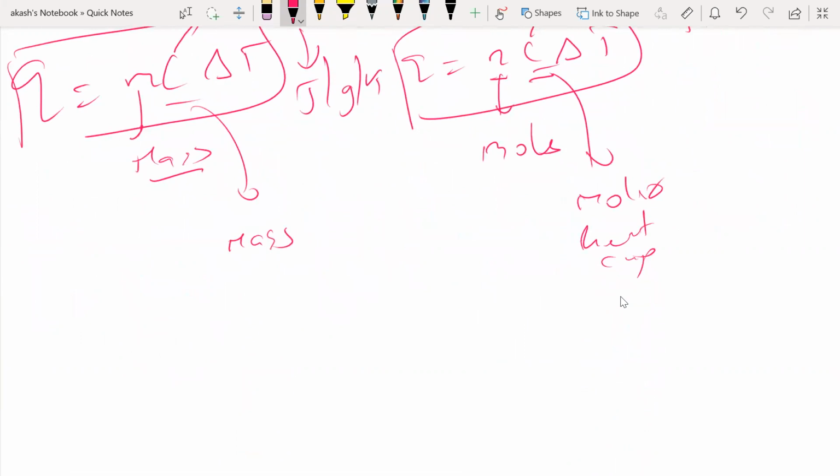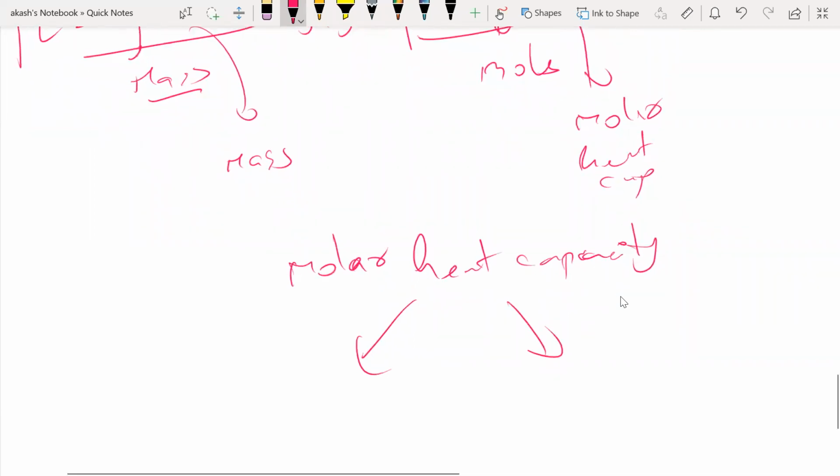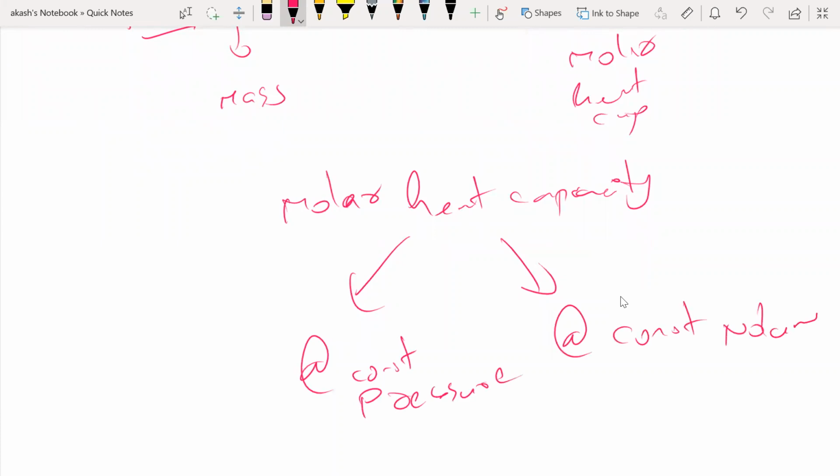So this molar heat capacity which we have, for chemistry, mostly you will be using this only. We will actually be finding it in two conditions. One is at constant pressure conditions, or you can measure it at constant volume conditions.